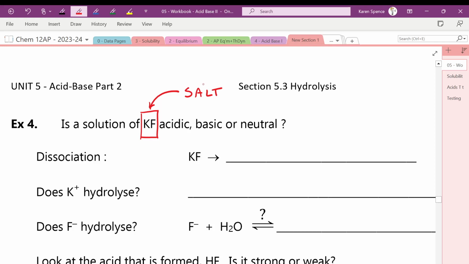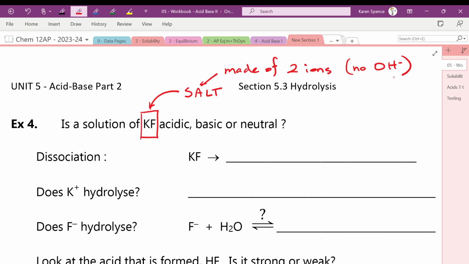It's made of 2 ions, and there's no OH minus. If it was OH minus, it would be a base.